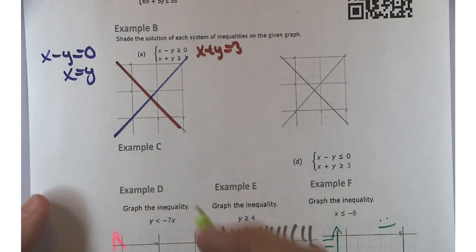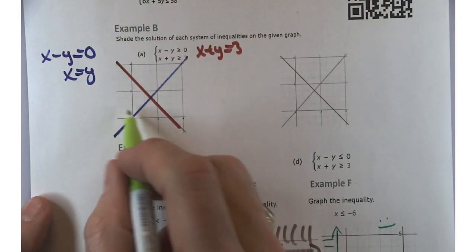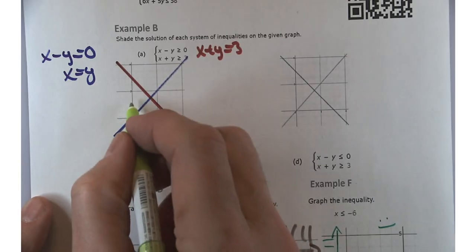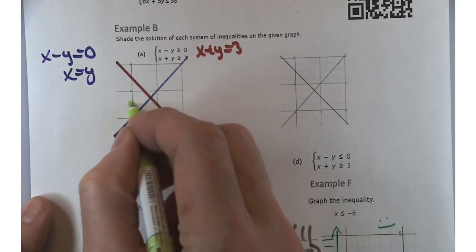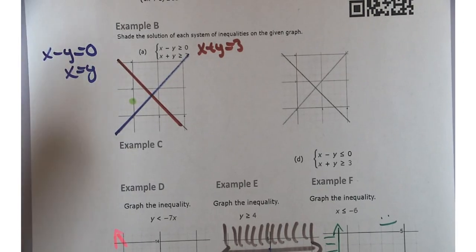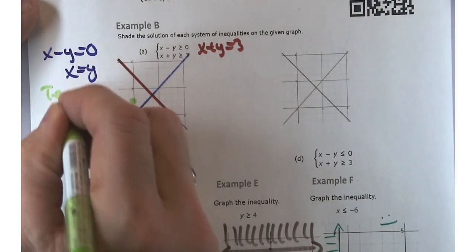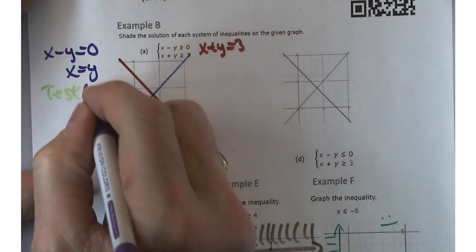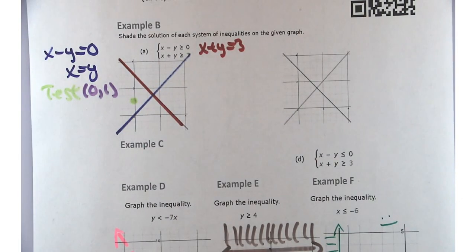Jaden, what test point could I use for this line? 0, 1. All right, so 0, 1 is going to be right up here. So that's going to be my test point. So we'll test 0, 1, and let's see what happens there.